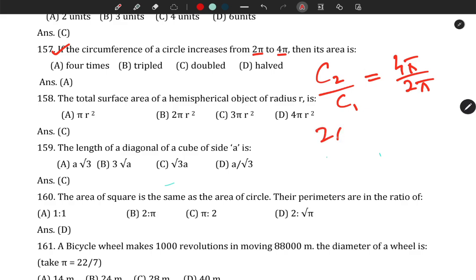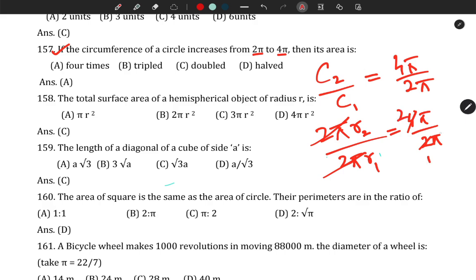So circumference, we know the formula is 2 pi r for the new, so let's write r2, radius r1, 4 pi by 2 pi. So on the left hand side 2 pi will cancel, and here 2 1s are 2, 2 2s are 4, pi will cancel. So we're getting new radius by original radius is 2 by 1.